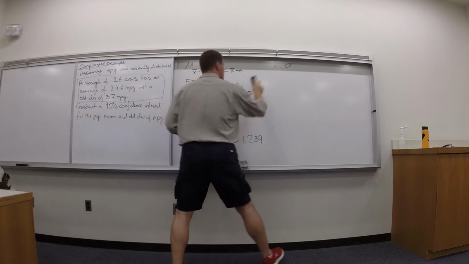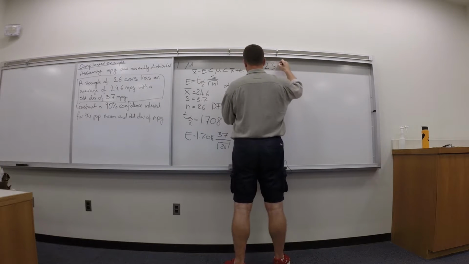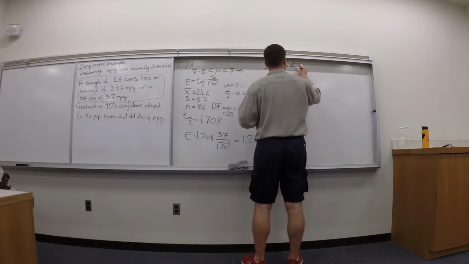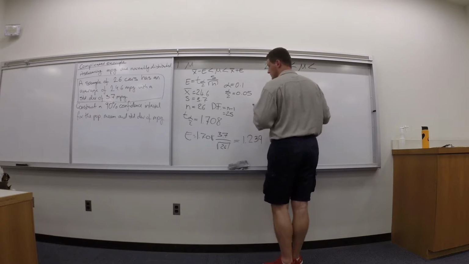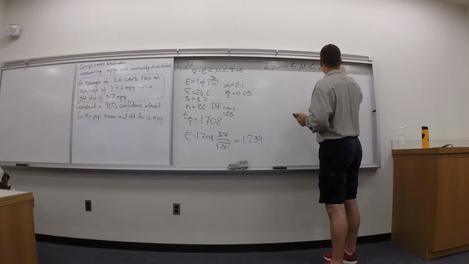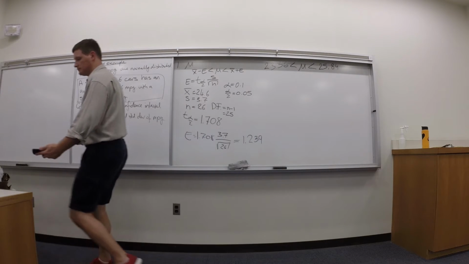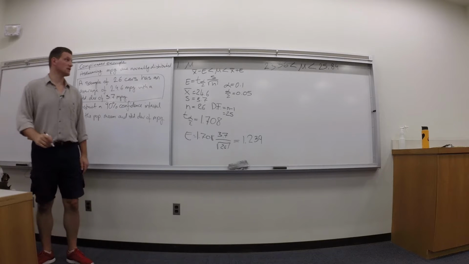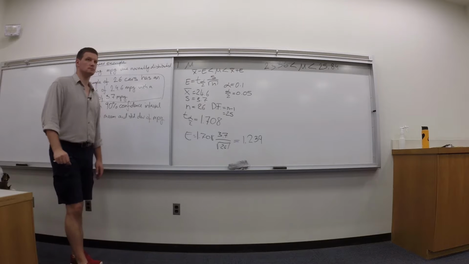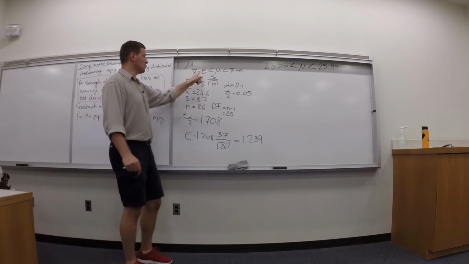I'm just going to put it over here: 23.36 less than mu less than 25.84. And here's the confidence interval for the mean. What did you get, 23.36? X bar minus E.